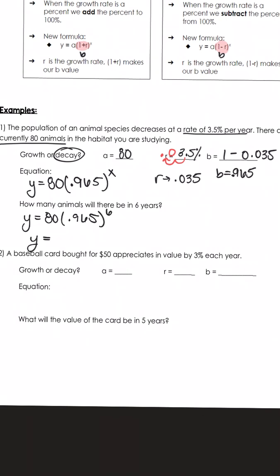And now I just have to plug that into my calculator. 80 times 0.965 to the 6th power is 64.6. So to answer the question, how many animals will there be in 6 years, I'm not going to have 0.6 of an animal, but I can say there will be approximately 65 animals in 6 years.